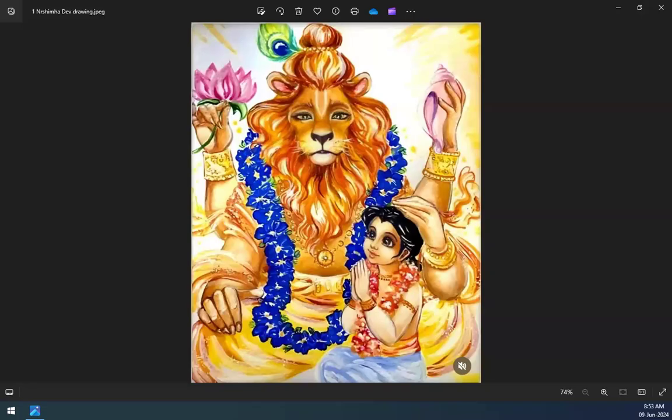So these are the one word definitions by Vishwanath Chakravarti Thakur. Tamas means ignorance. Moha means egoism. Mahamoha means attachment.